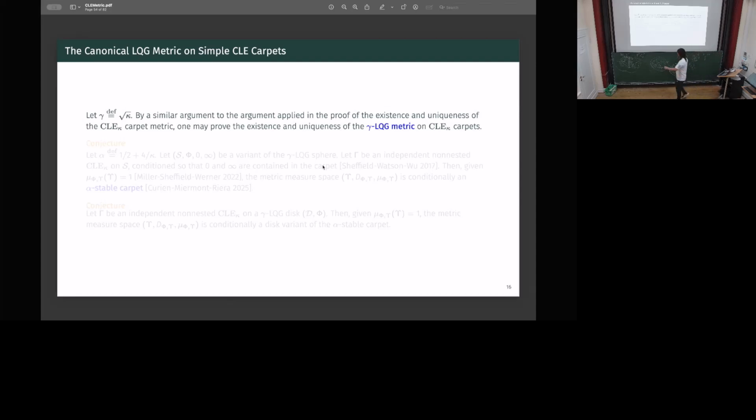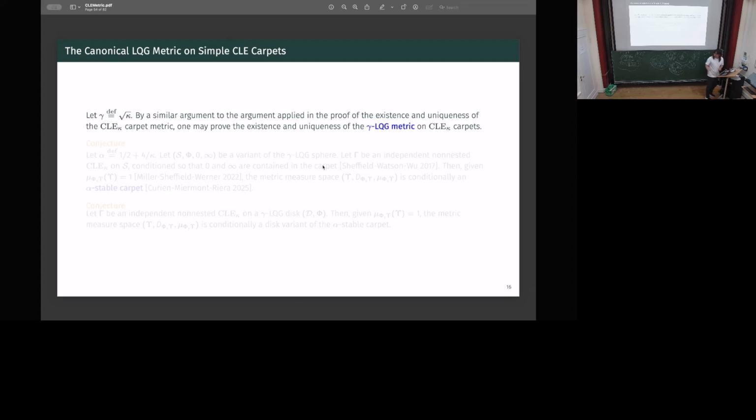So this is something for you, and you have a non-nested CLE in U, and you also have a Gaussian free field on this domain U, and this Gaussian free field and this CLE are independent, and then you can define your quantum gravity metric on this carpet by a similar argument.